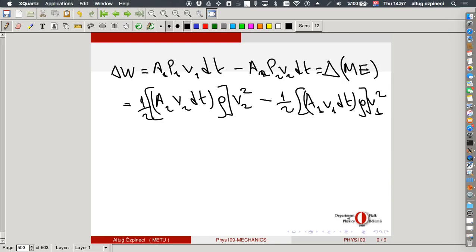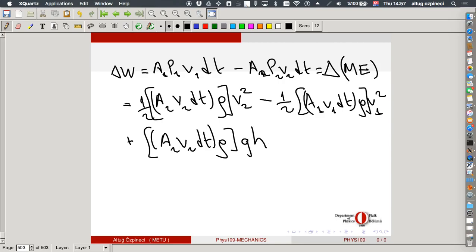This region, this volume, I don't have anymore in my region. So there's a reduction in my mechanical energy by this much, and there's an increase in the mechanical energy by this much. If we also add the change in the potential energies, this was the mass I have multiplied by gh.